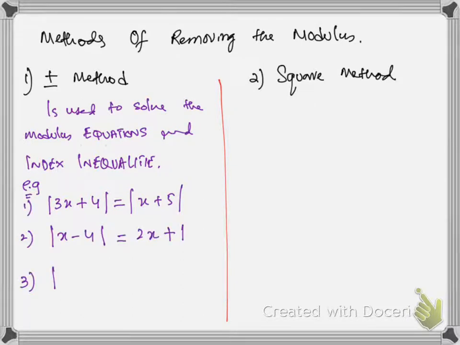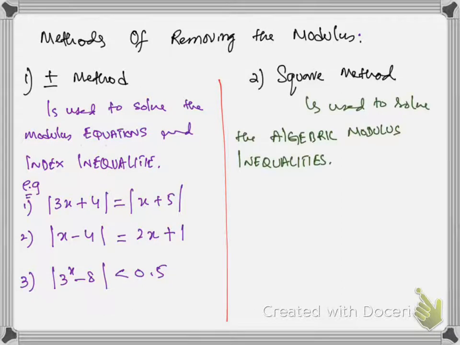These are the three examples. Here we use modulus plus minus method, in fact. The first two are algebraic equations, and the last one is an index inequality. In index equation, we use modulus plus minus method as well. The square method is used to solve the index inequality, to solve the algebraic inequalities, in fact.